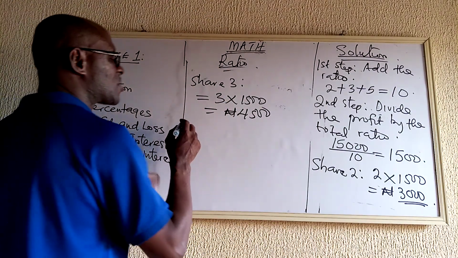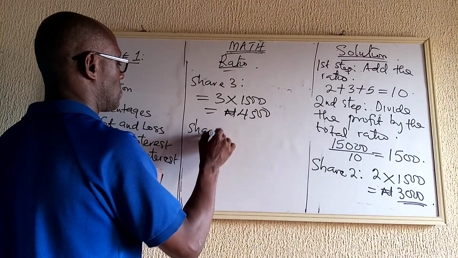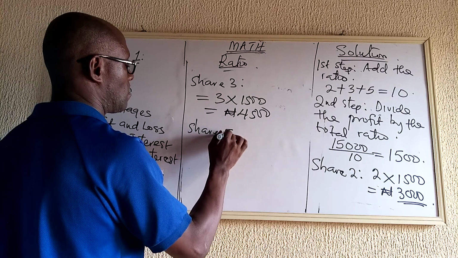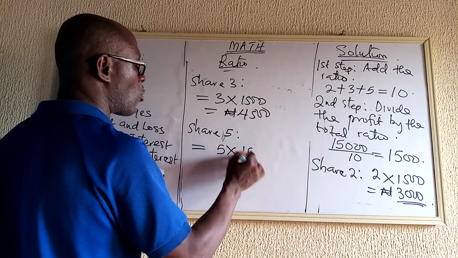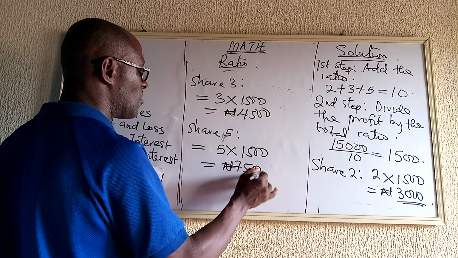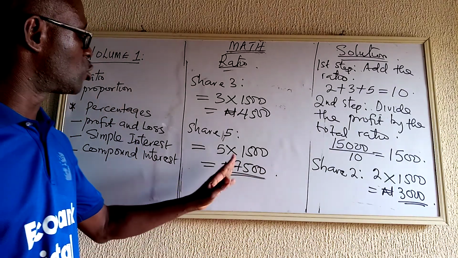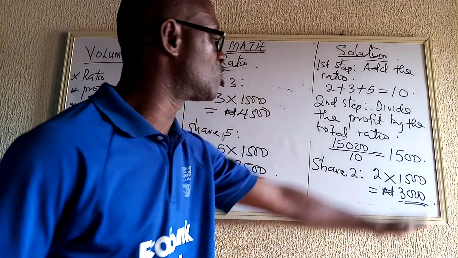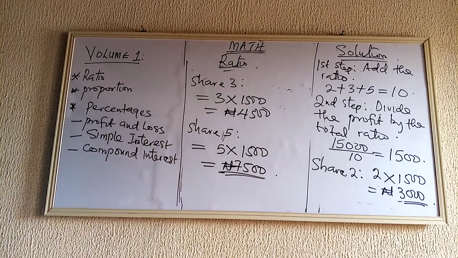While the investor with share ratio 5 will get 5 times 1,500, and that is 7,500 naira. So at the end of the day, by the time you add these, you get that 15,000 naira back. That is just it.